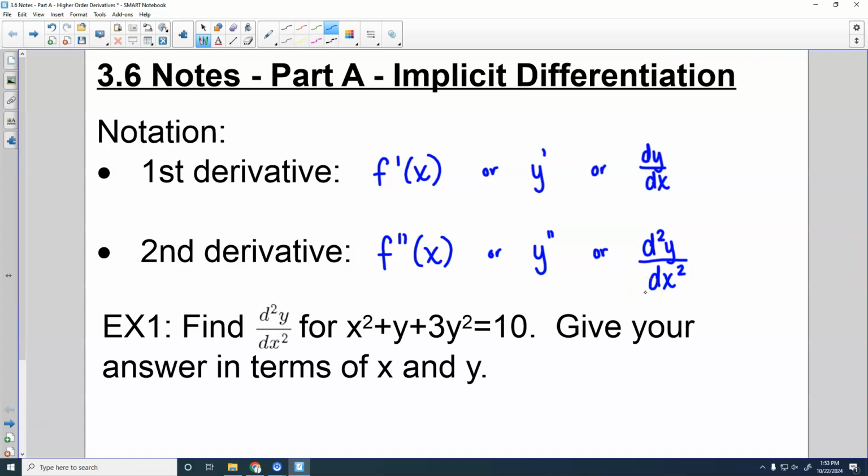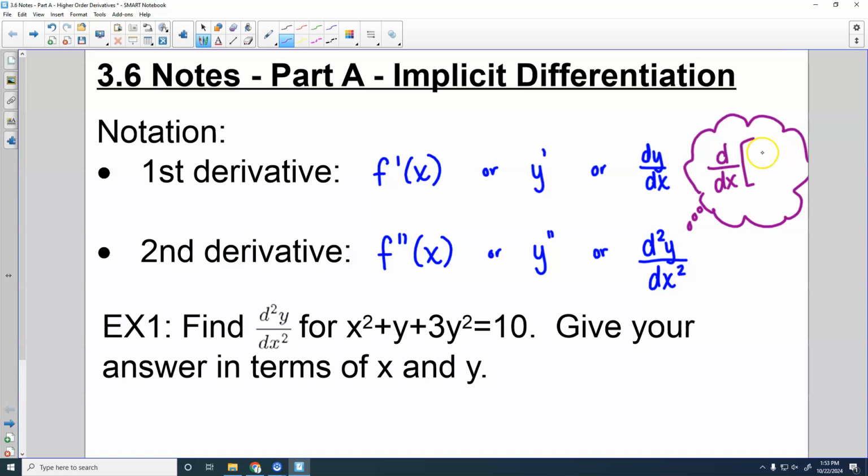Okay, to help you think about where that comes from a little bit, let me use a different color over here. To take the derivative of the derivative, we've used this notation before. To take the derivative, we would write d over dx and then have the bracket.